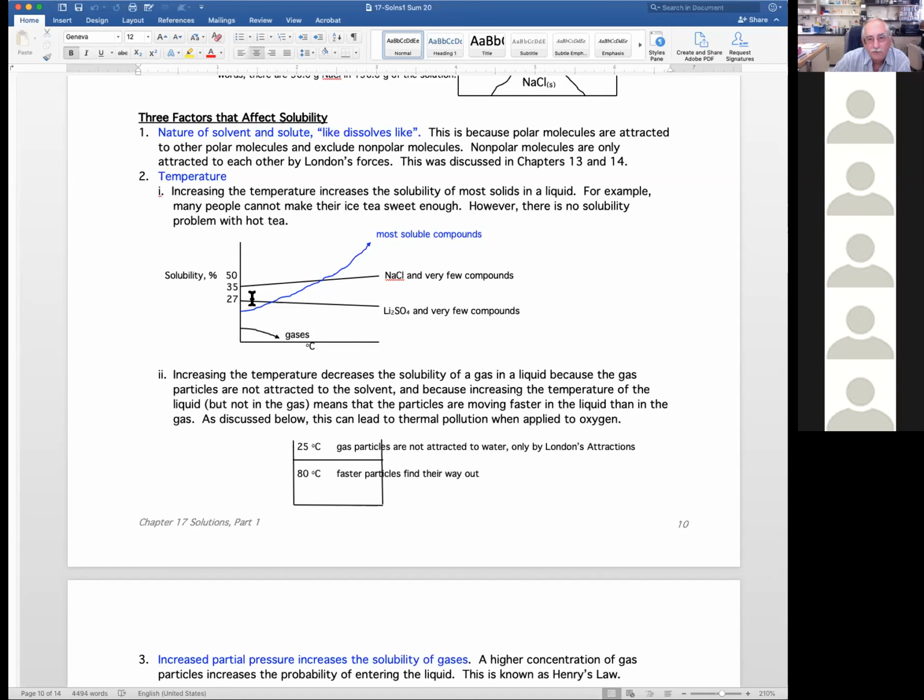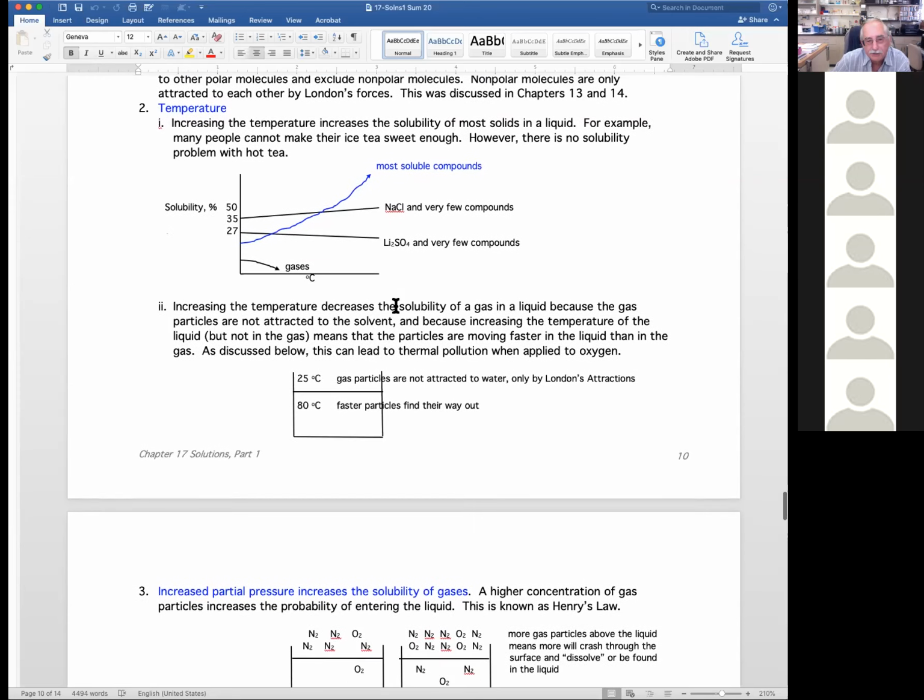And then there are a few substances that actually decrease with increasing temperature. Now, if you look at gases, gases are not very soluble to begin with. And when you increase the temperature, their solubility goes way down. And that's what we refer to as thermal pollution.